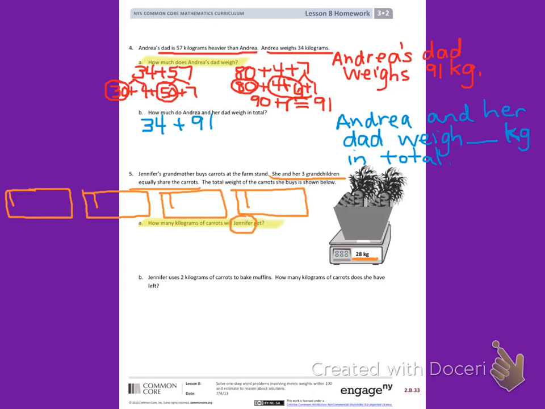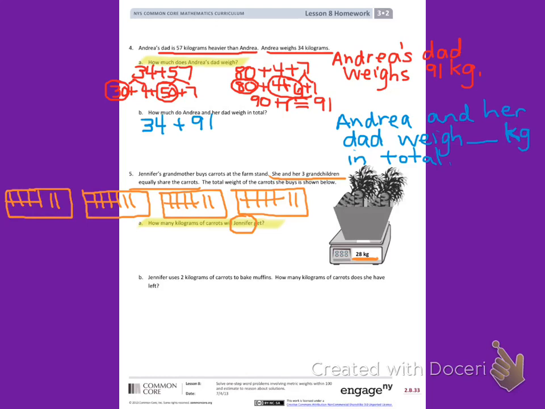Those are all 28 of my kilograms that have been divided up equally between the grandmother and her 3 grandchildren.